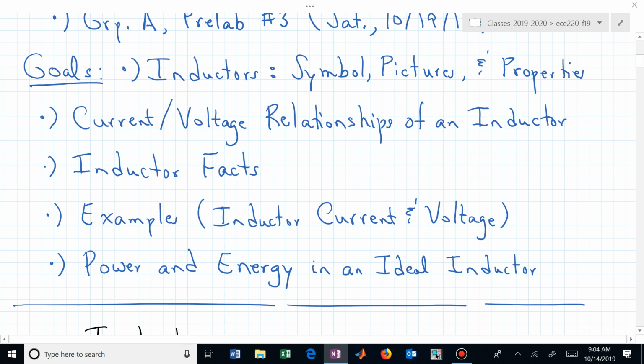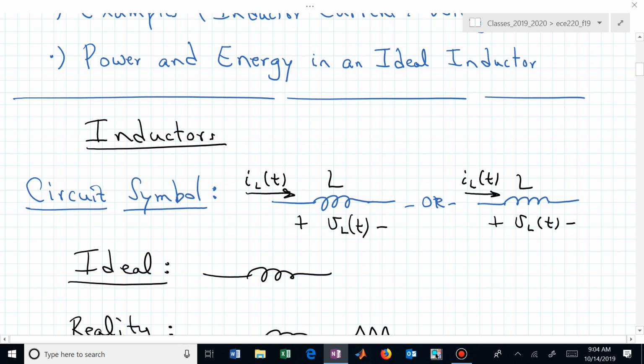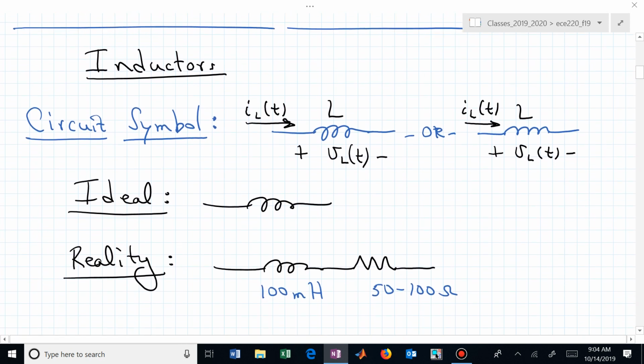It just dissipates. An inductor has a magnetic field, and it will now store and release that energy in the magnetic field. We'll talk some inductor facts, and then we'll go through some examples and try to make the connection with power and energy in an ideal inductor.